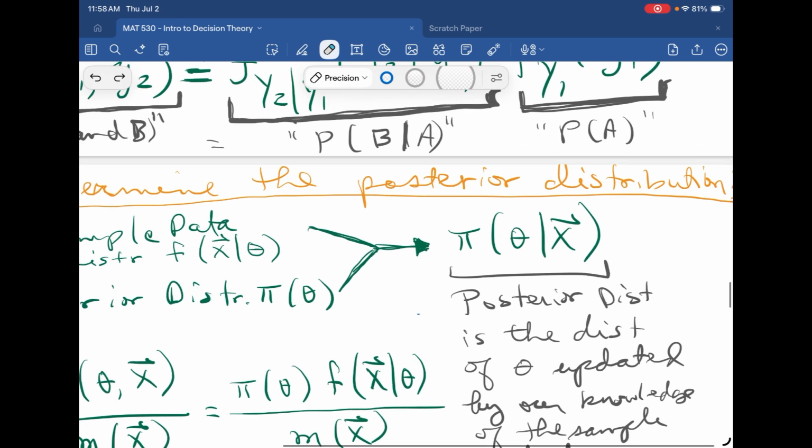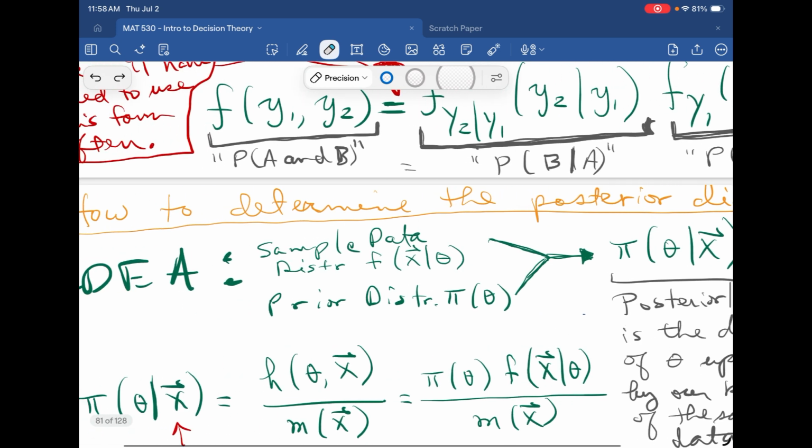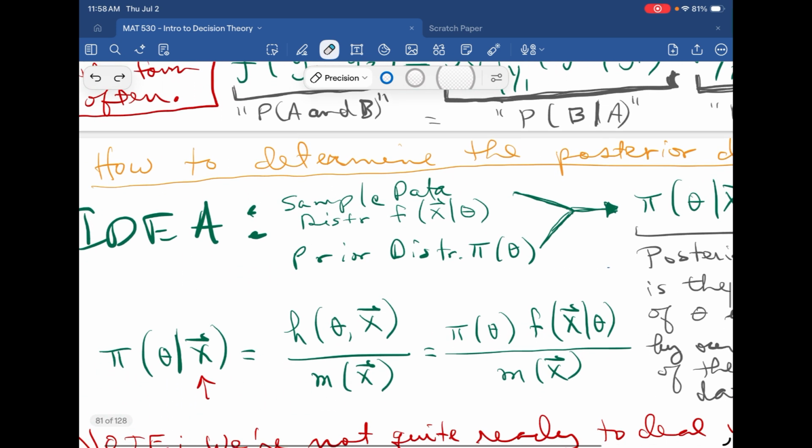All right, so let's look at the mechanics of how to do that. So the distribution of theta given x is the joint distribution of theta and x divided by the marginal distribution of x. And then to get the joint distribution, we just use the marginal distribution of theta times the conditional distribution of x given theta, and then together that product is the joint distribution.